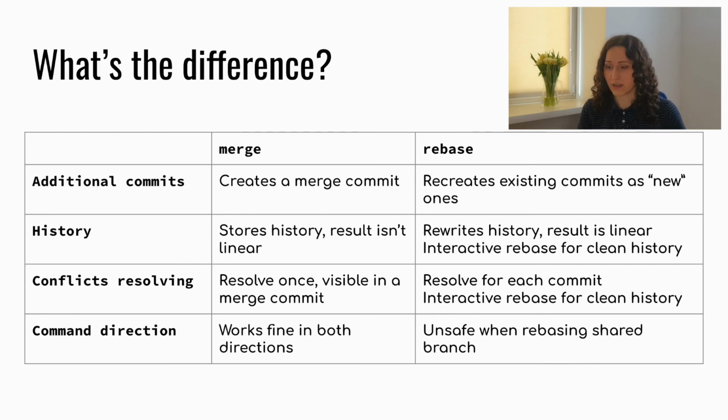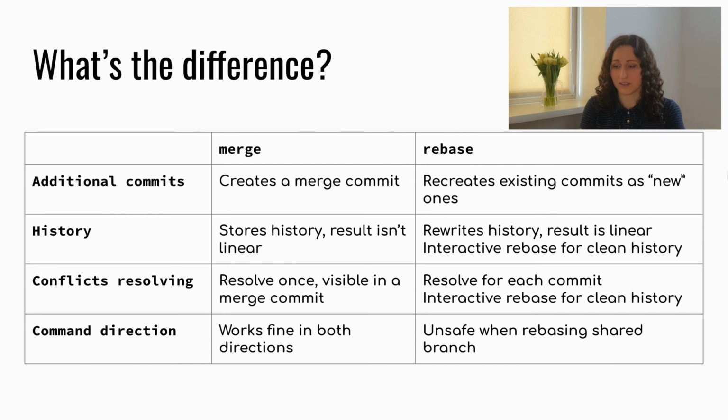Rebase rewrites history, that's true, but the result is linear, so it's very nice to see, especially when there are many contributors to the same repository. And additionally, if you use interactive rebase, you can fix your small, not ideal commits and hide some temporary changes which were reverted in your feature branch. After that, you can show just one beautiful commit with your changes.